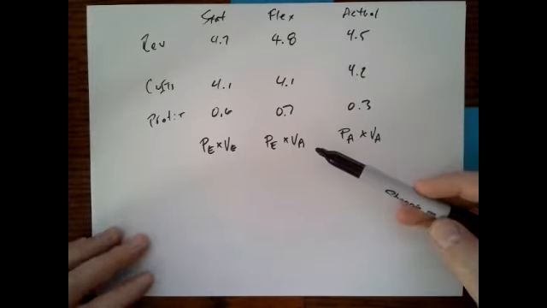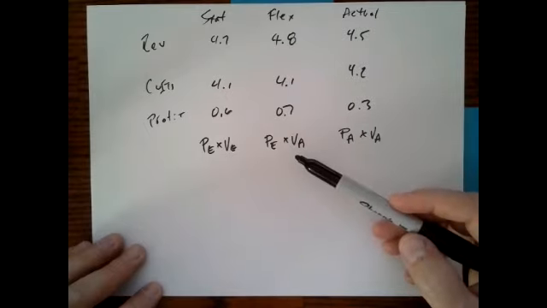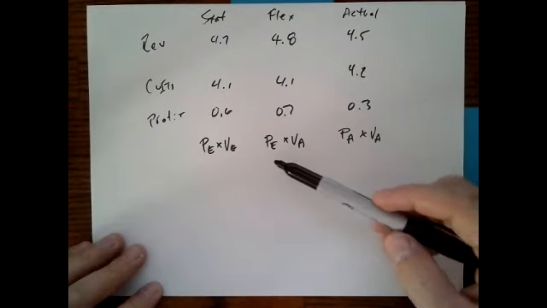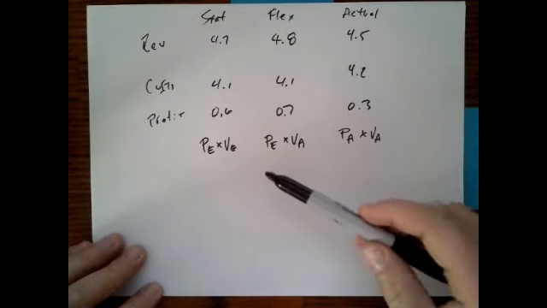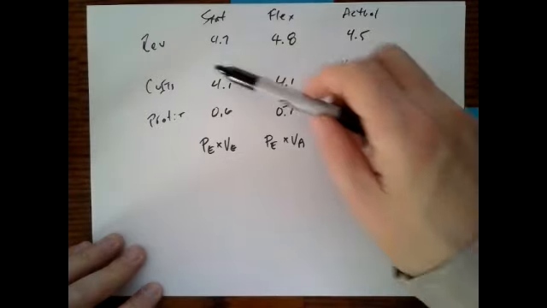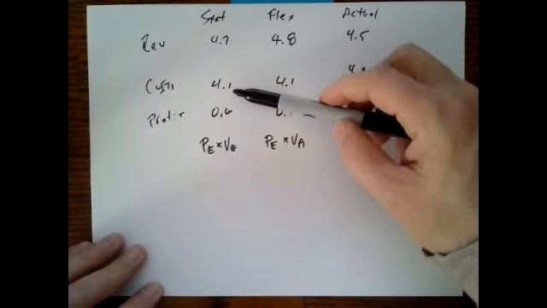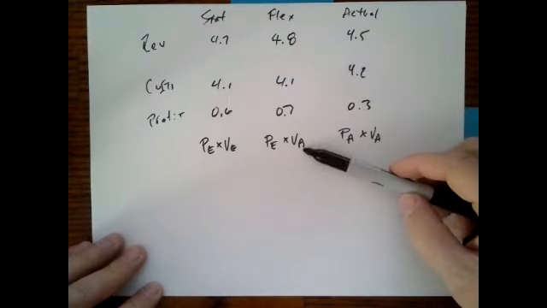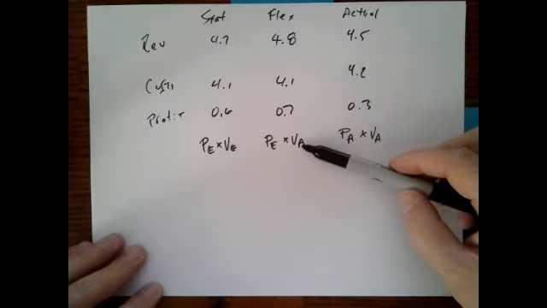Now, flex, if you remember from the chapter, is kind of a mashup of your statistics budget and your actual budget, where the flex budget takes the expected prices that you thought you were going to get for each of these. So it takes the same expected price for revenue, the same expected price of the inputs for the costs, and then it multiplies it by the actual volumes that you actually got, right?